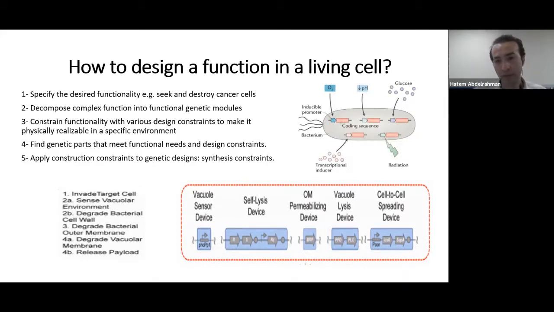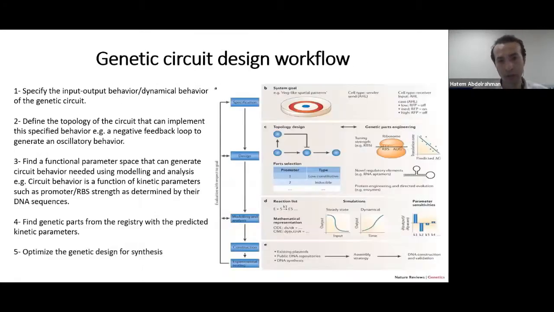You can couple these conditions to your engineered function. So you need a genetic circuit to control the function. For example, you can engineer an AND gate that, in the presence of low oxygen conditions and in the presence of low pH, initiates the gene expression of your cancer invasion functionality. So simply, the genetic circuit makes this kind of control.